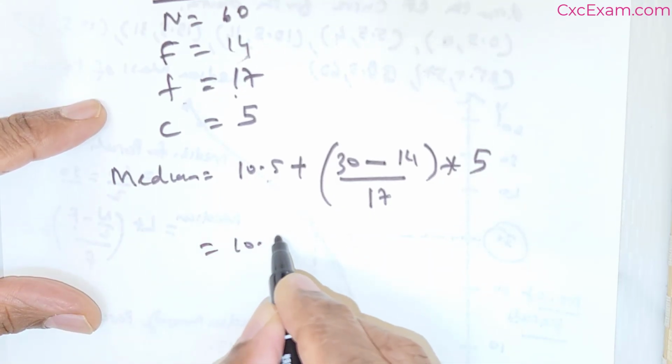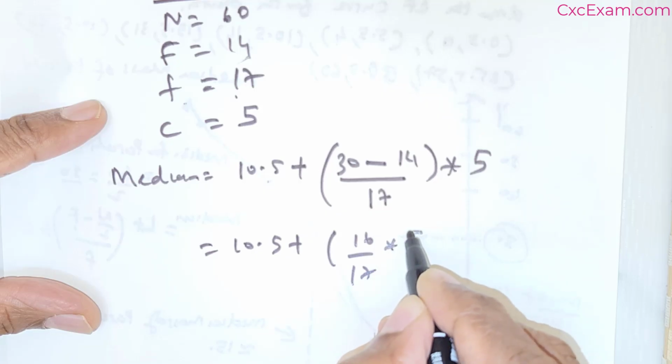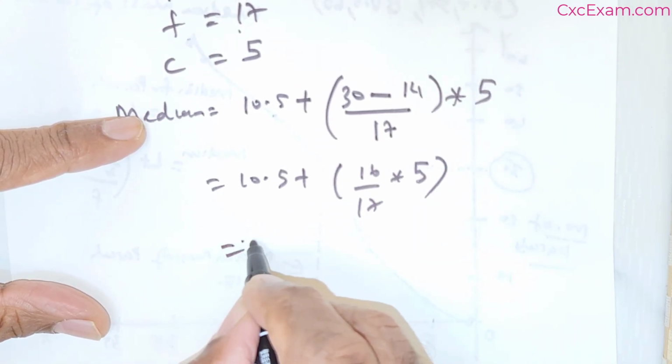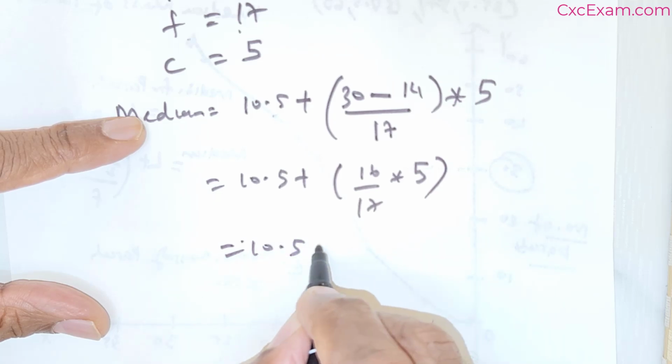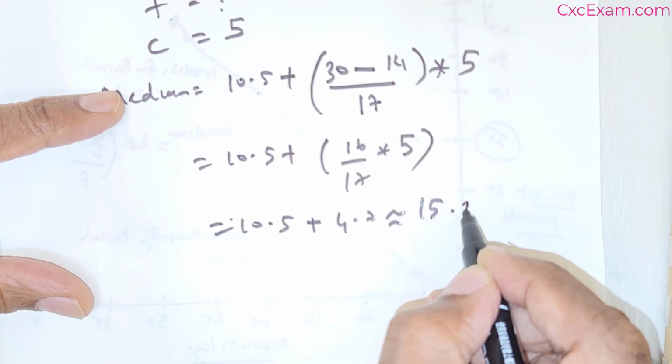So this can be simplified. It's 16 over 17 times 5. It can further be simplified as 10.5 added with 4.7, which is giving us approximately 15.2.